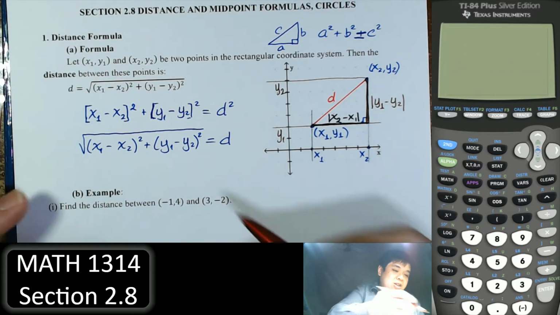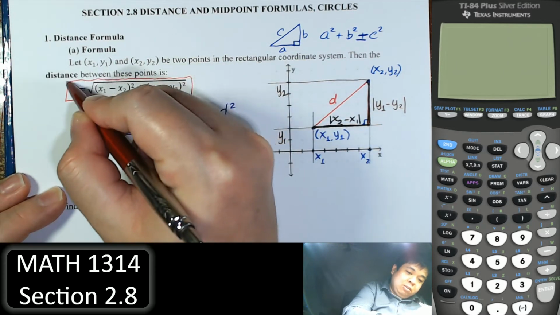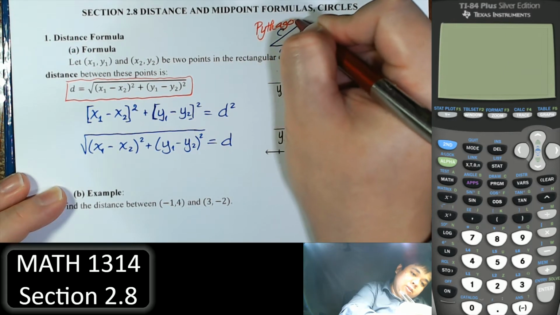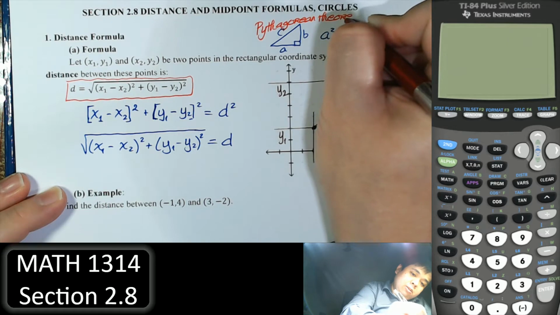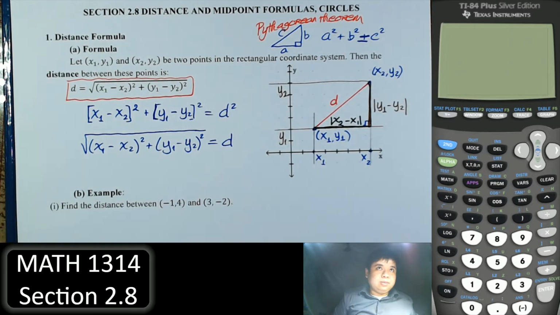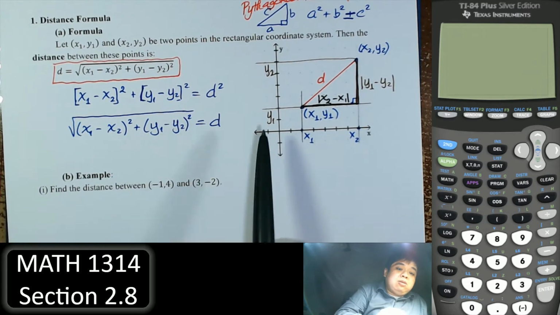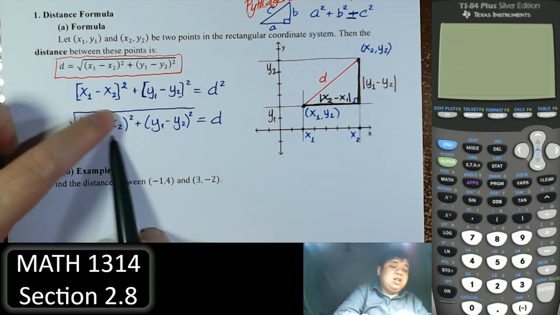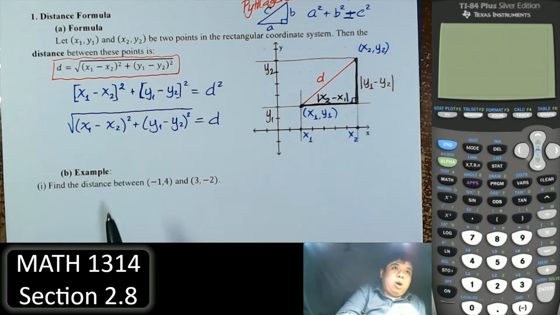So that, of course, is the distance formula, which is derived from the Pythagorean theorem. So it's very straightforward. And the nice thing about this is I can have x1 minus x2 or x2 minus x1. This interchange doesn't matter because it's a square.